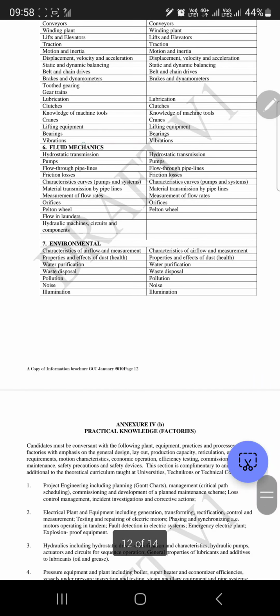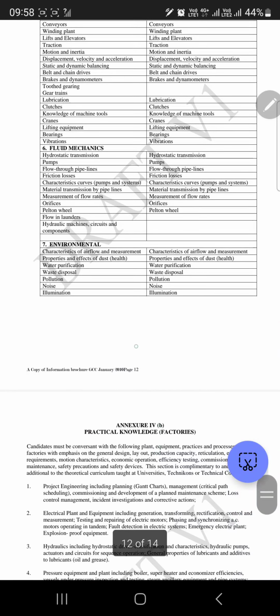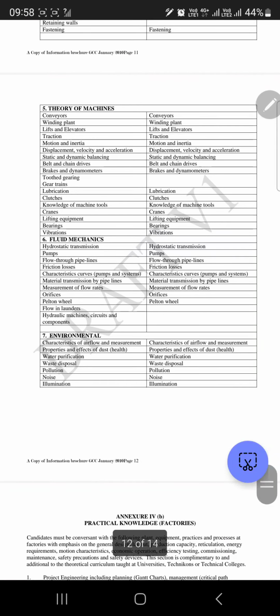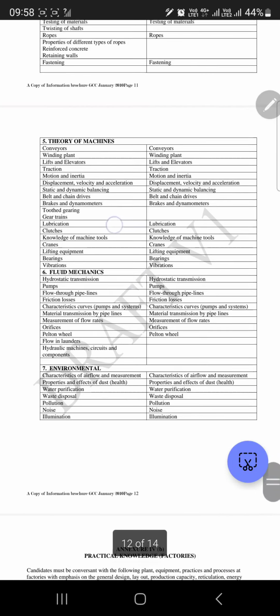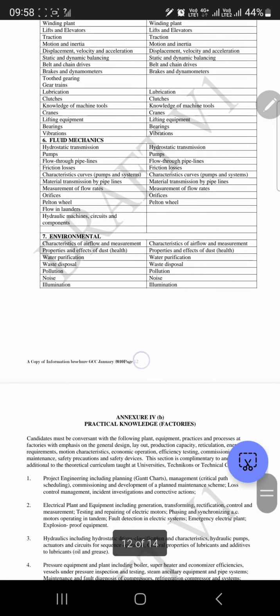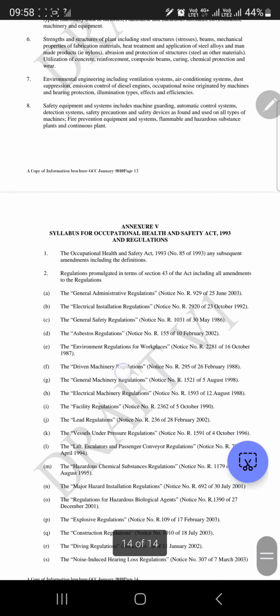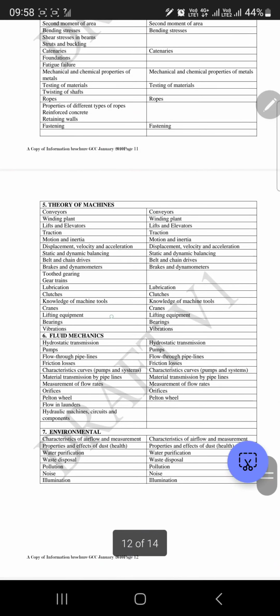And then we also have fluid machines, fluid mechanics, and then the environmental. So these are the syllabus for plant engineering, the factories. And this one is also the syllabus for occupational health. This is paper 2, and this one is paper 1.